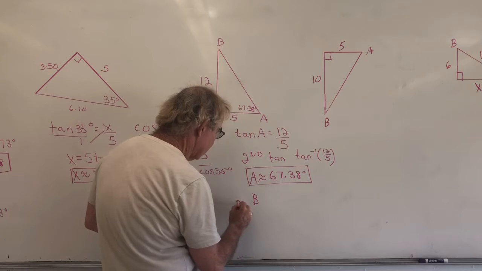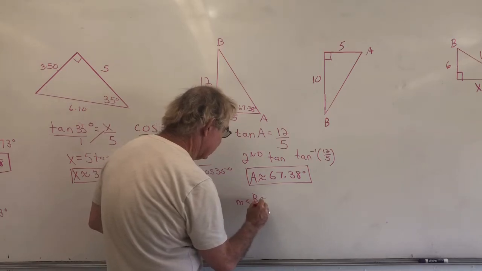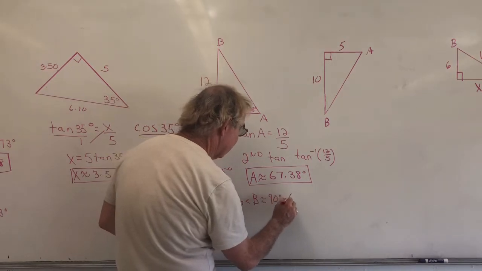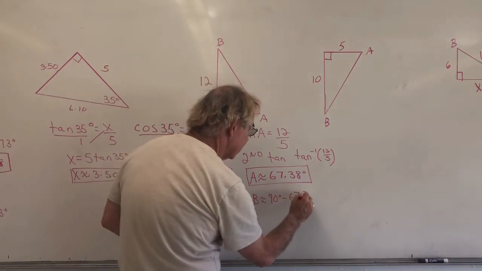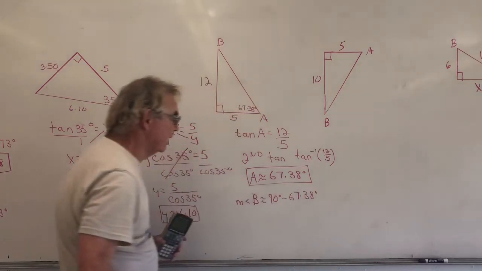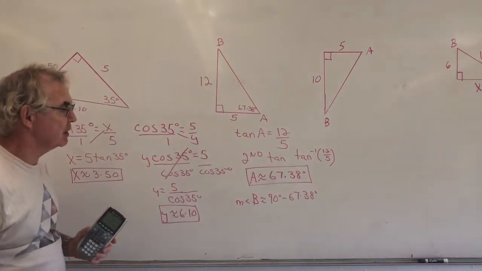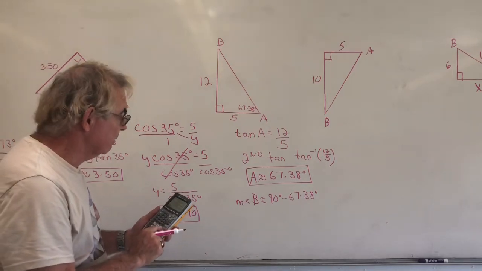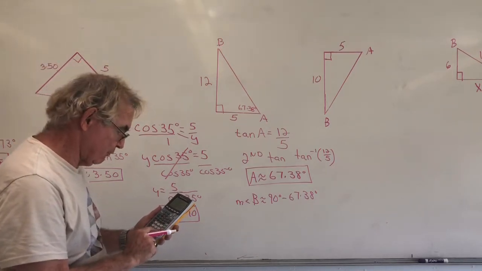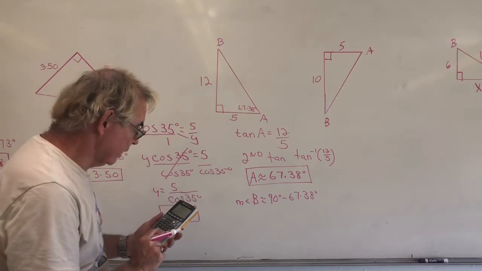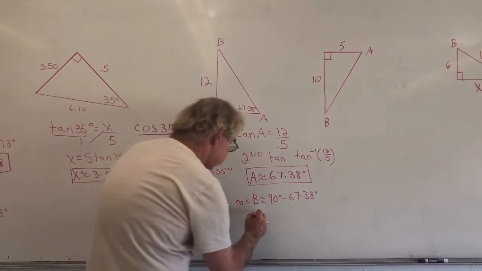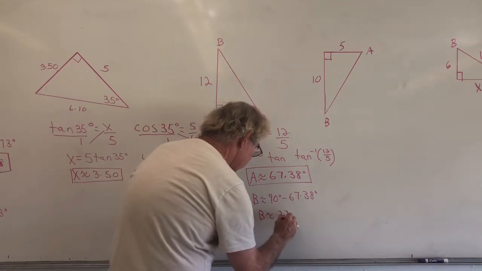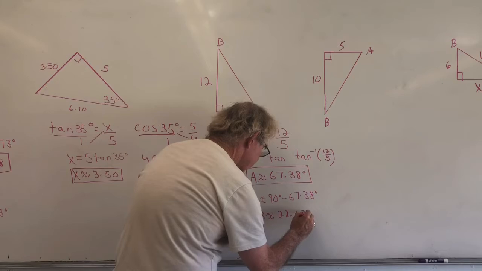this means the measure of angle B is approximately 90 degrees minus angle A, because you just found angle A to be 67.38. Now, if you subtract 90 minus 67.38, you will get B to be approximately 22.62 degrees.